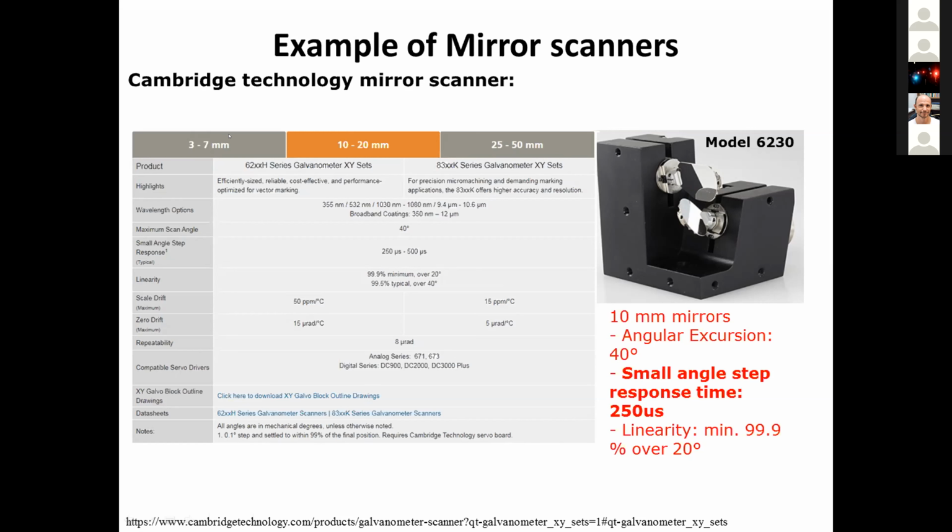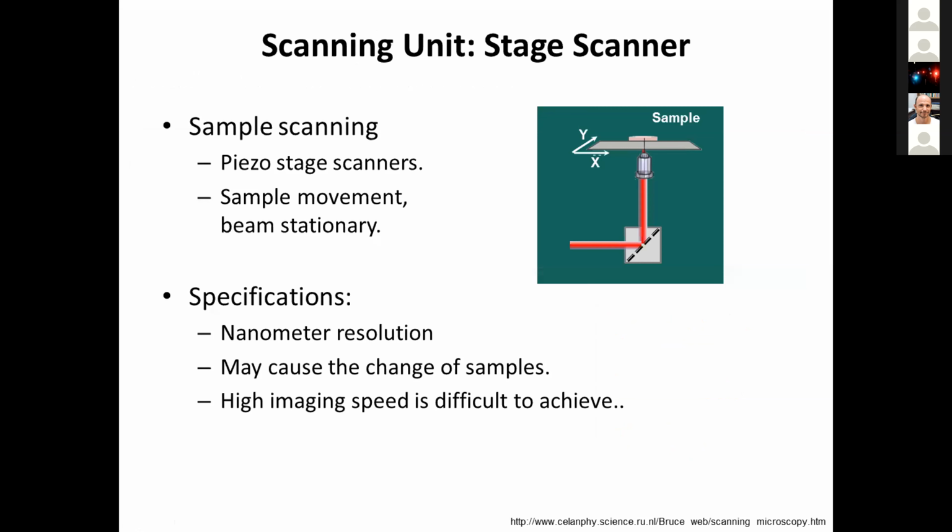The most common are 7-8mm, and in the DIVER in California, for example, they have 50mm, which are very large to accommodate larger beams. The other possibility is to scan by moving the sample, and this can be done using piezo stages, in which we can have really good precision in the movement, nanometer resolution, and we can move across the sample in X, Y, and Z. The only constraint is, of course, that it will take more time.